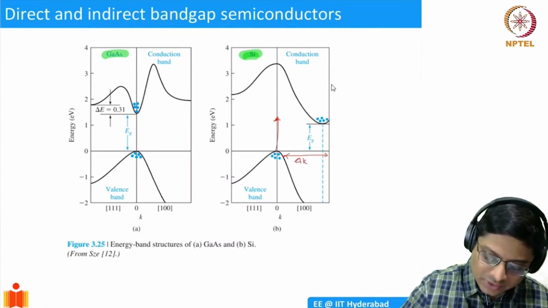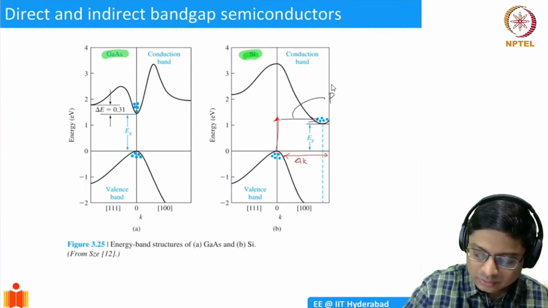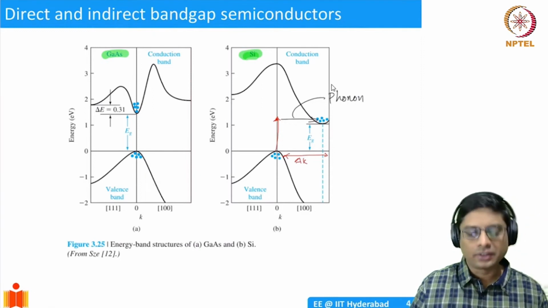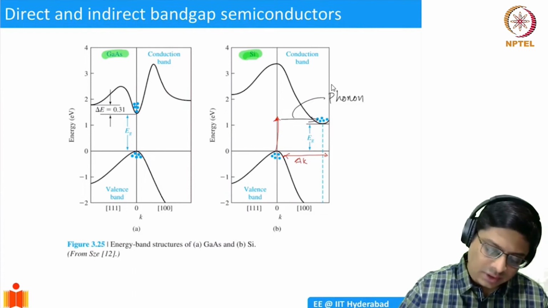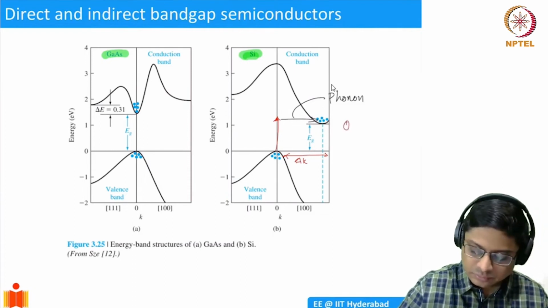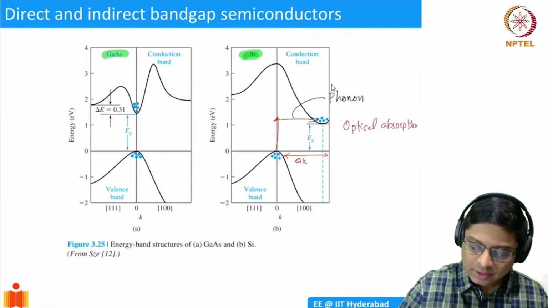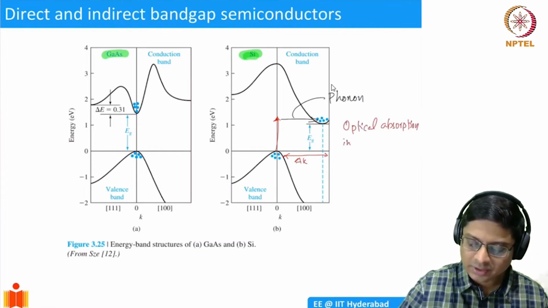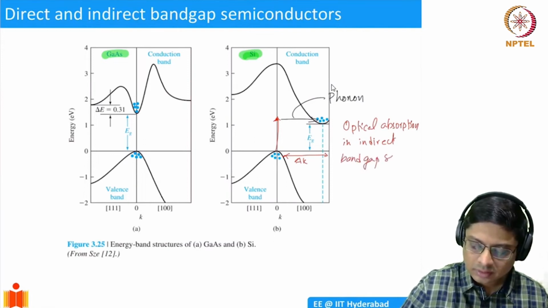It cannot make a transition from here to here. For this, you need a phonon, which will assist the transition, and it is a second order process. Because of which, the optical absorption in indirect band gap semiconductors is not efficient.